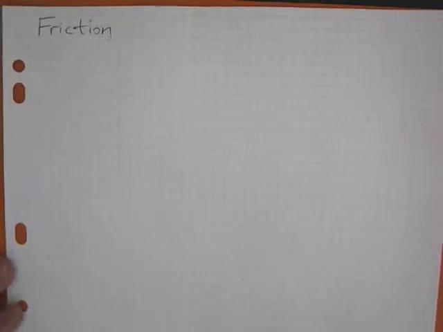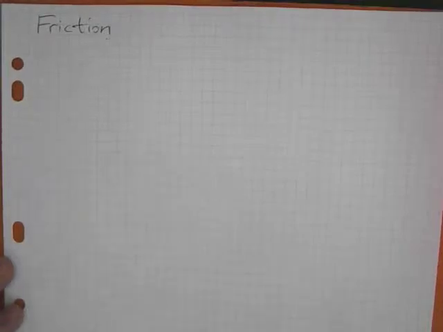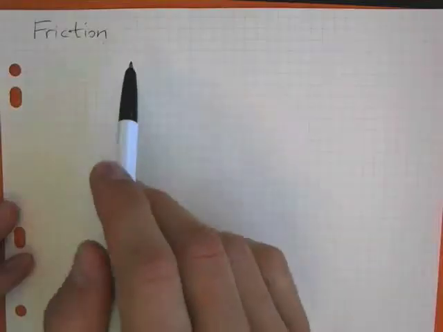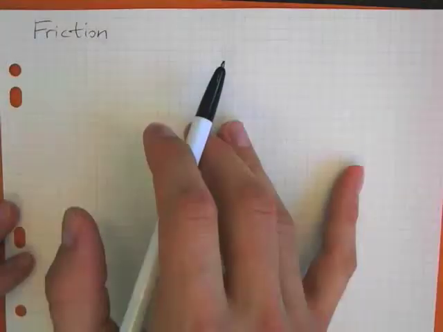Whereas something like, well, I can't think of an example of something that looks rough but is smooth at the molecular level. But anyway, the friction between two objects is primarily dependent on what those materials are and what their shape is, but it's also dependent on the normal force.